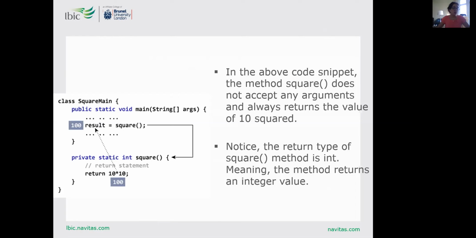But you might notice that the return type of the square method is integer, meaning that the return of this function should be int. That is the keyword that replaces void, because we expect this function to return the square.